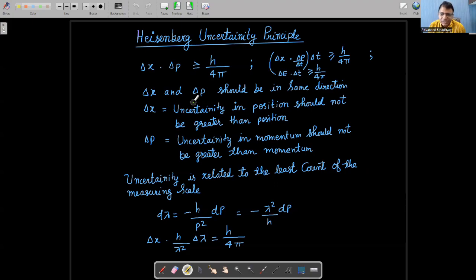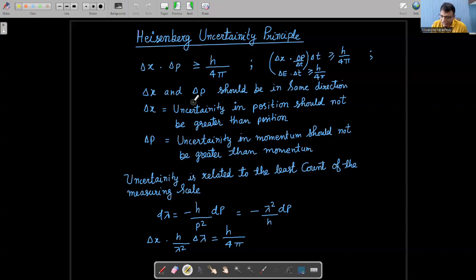Suppose I have to read 10 millimeter. In place of that, even if I am doing it sincerely, due to human error, in place of 9, I can read 8, or in place of 9, I can read 10. So we make errors in terms of the least count.